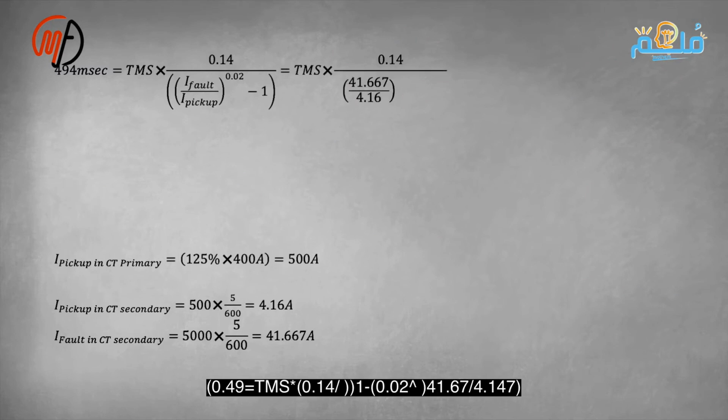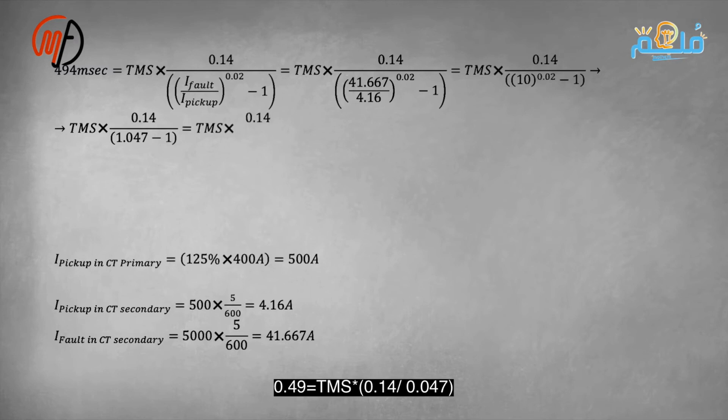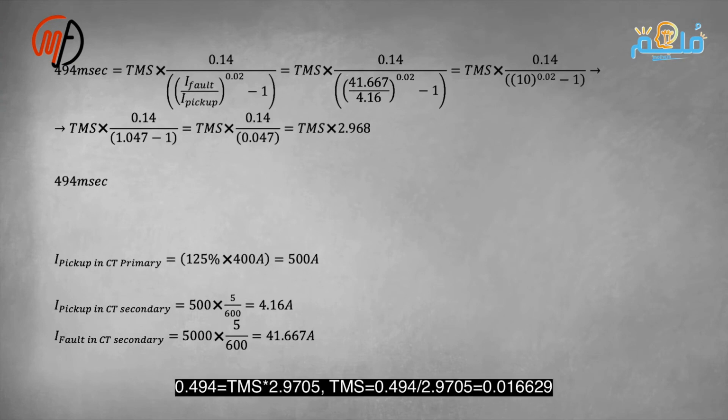With I fault 41.67 and I setting 4.17, the ratio is 10. So 0.49 equals TMS times 0.14 over 10 raised to 0.02 minus 1, which is 10^0.02 minus 1 equals 1.047 minus 1. From this, 0.494 equals TMS times 2.9705.